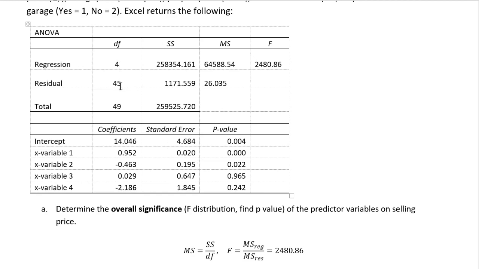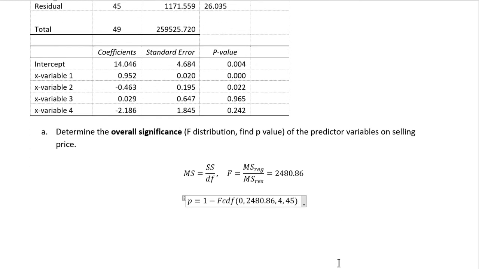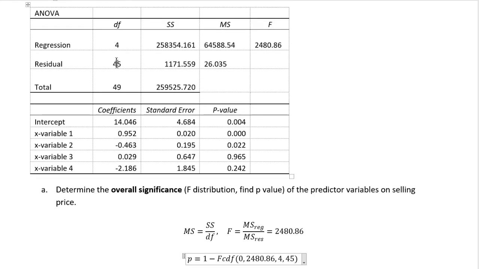So here are the degrees of freedom, 4 and 45. Sorry, I just realized that this formula wasn't showing on the screen. So p is equal to 1 minus FCDF of 0 to 2480.86, 4, comma 45. These are the degrees of freedom that you put here.